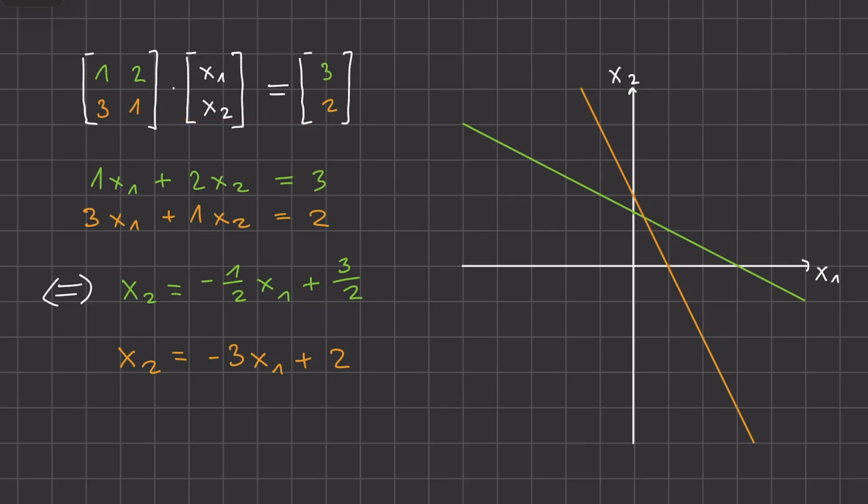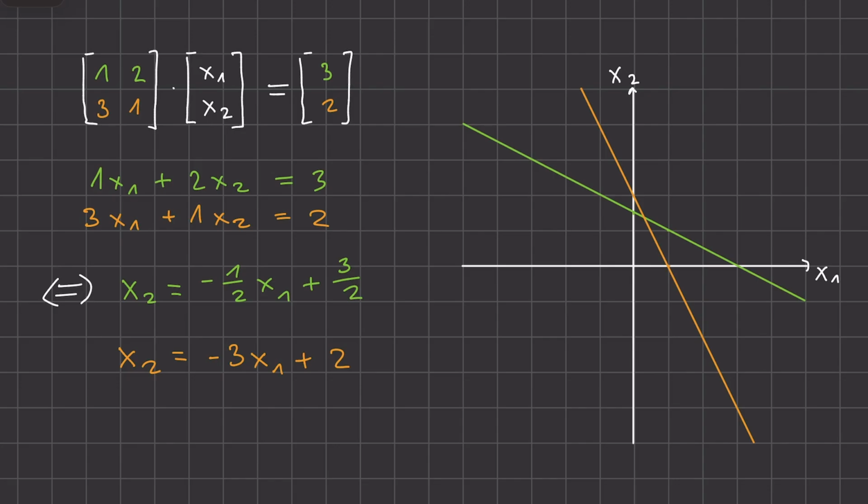This is one way of representing these linear equations, and then the solution space of them is exactly their intersect. In this case, you can see the orange and the green line only intersect in this point here, and that then represents our solution for this linear equation.